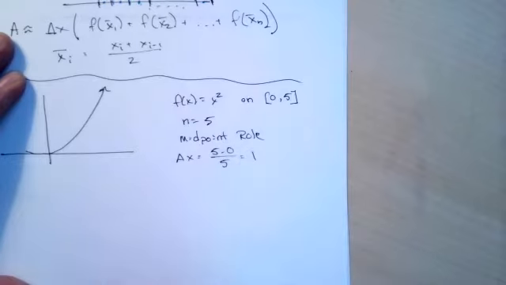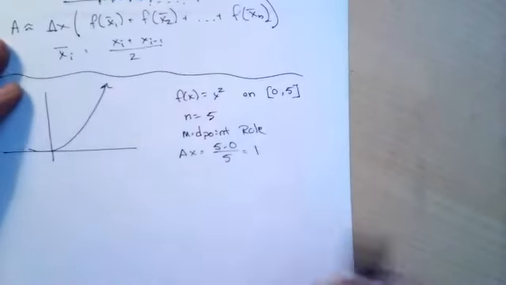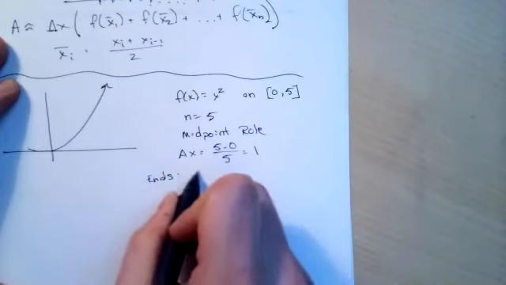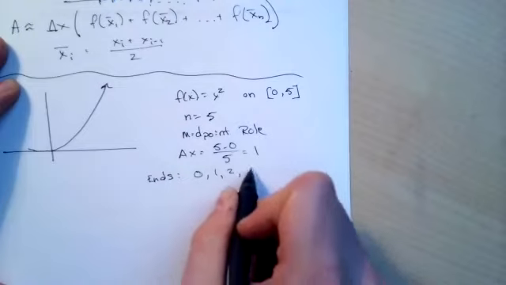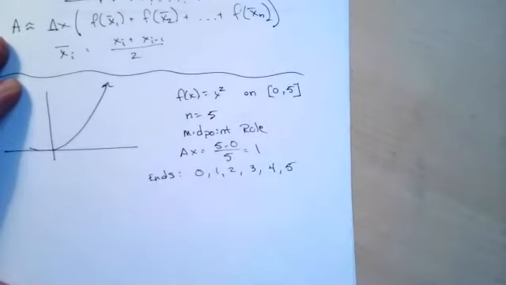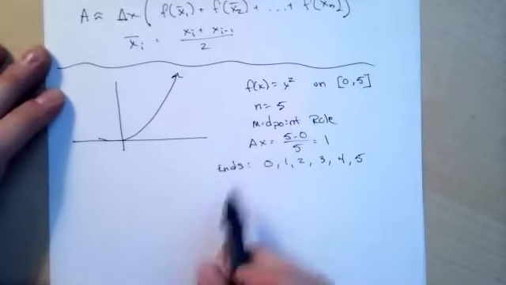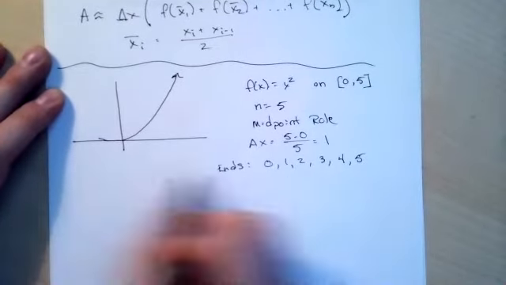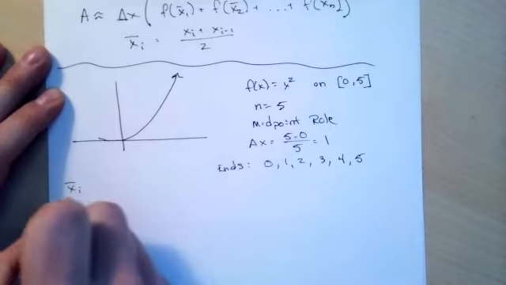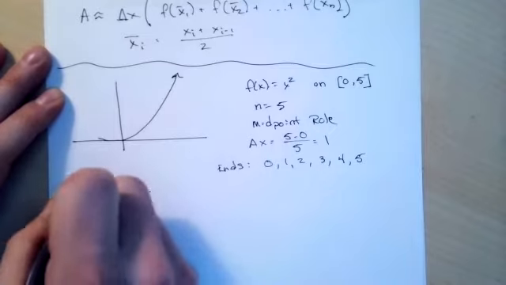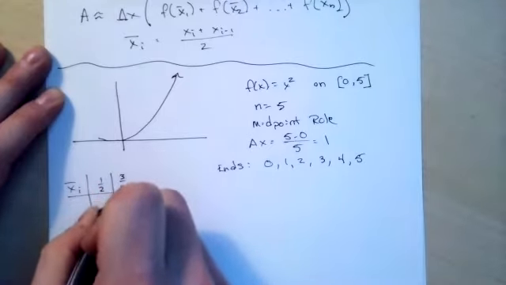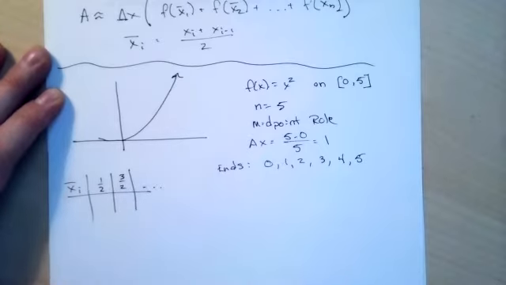Our delta x is 1, but that's going to make your endpoints 0, 1, 2, 3, 4, and 5. And so when you start your table, you would do the average of those, the midpoint of each one. So you would have 1/2, 3/2, et cetera.